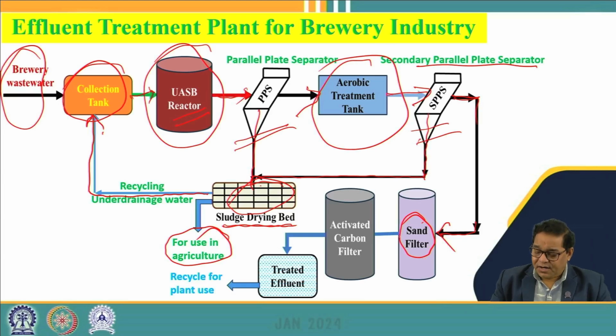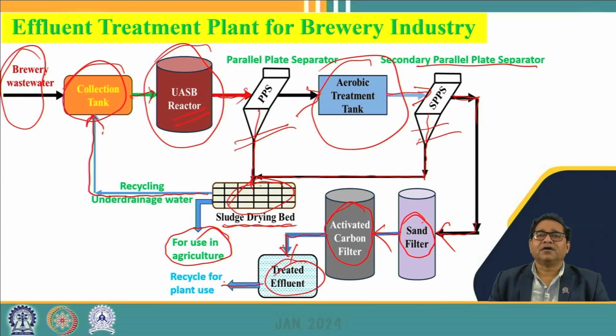After filtration, the treated effluent goes to the activated carbon filter. Activated carbon is used for removal of odor and taste from the treated wastewater, and it also helps in removal of the microbial impurities present in the treated effluent. This treated effluent is then taken for recycle and reuse within the plant operations for washing and cleaning purposes.